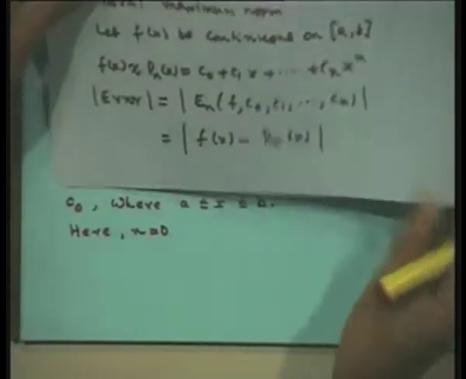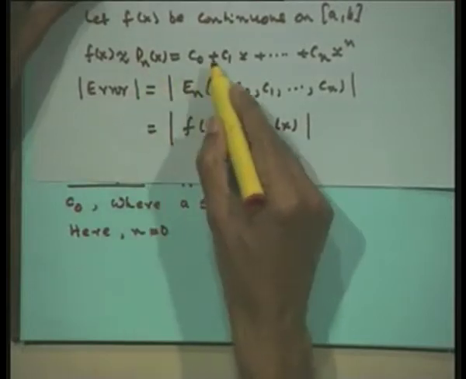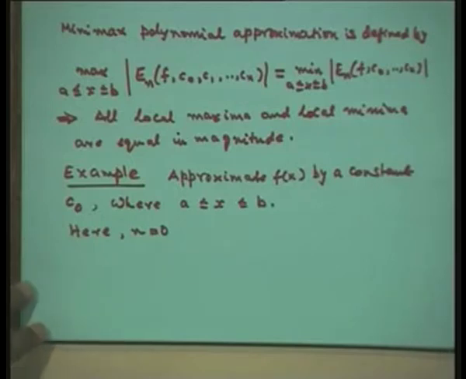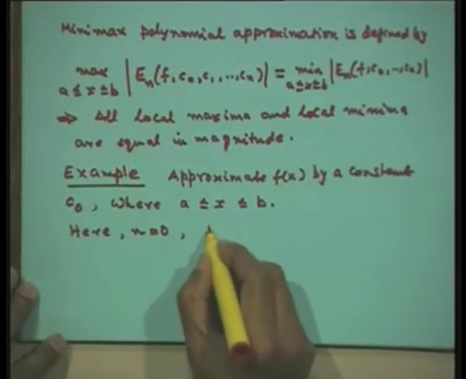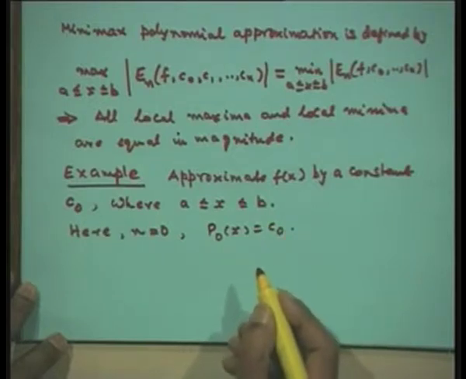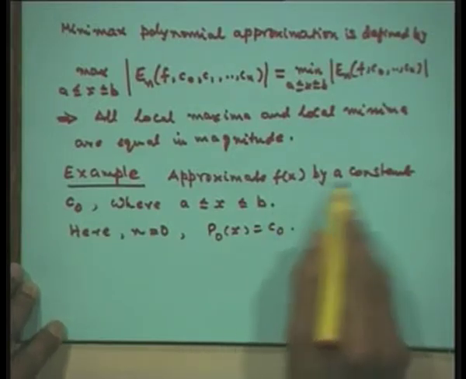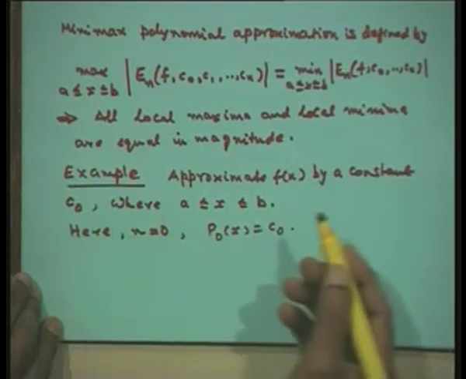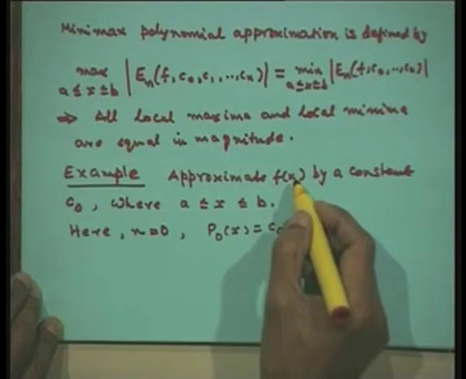Now, we are talking of n equal to 0, therefore, we simply have p 0 x is equal to c 0. Since we are approximating f x by the constant c naught, c naught should lie between the maximum and minimum values of f x.